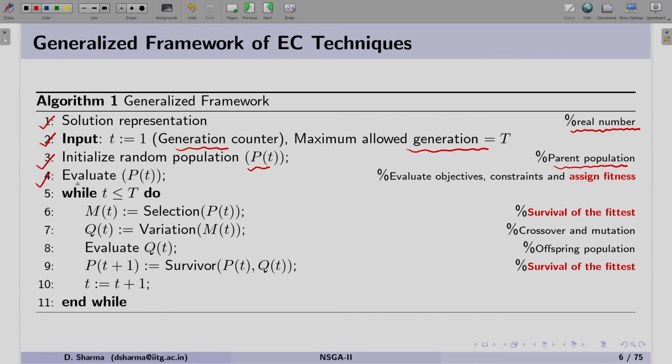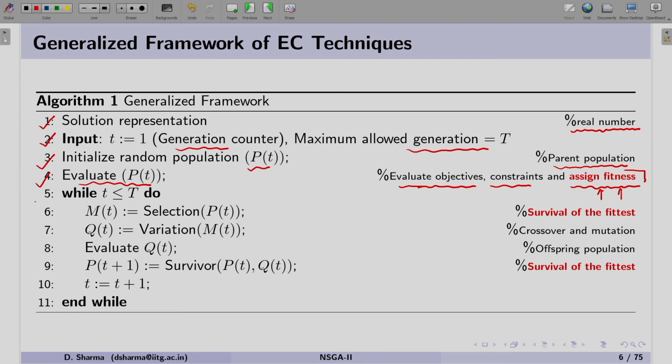In step 4, we evaluate the population, meaning that we evaluate the objective function and the constraints. Now we have to think about what the fitness assignment should be so that we can use the generalized framework for multi-objective optimization. We remember that here, instead of one objective, we have multiple objectives, and therefore the fitness assignment is going to change for multi-objective optimization.